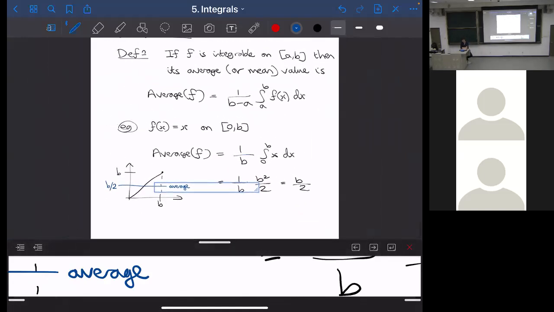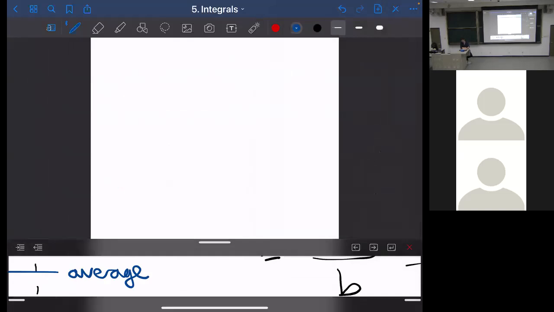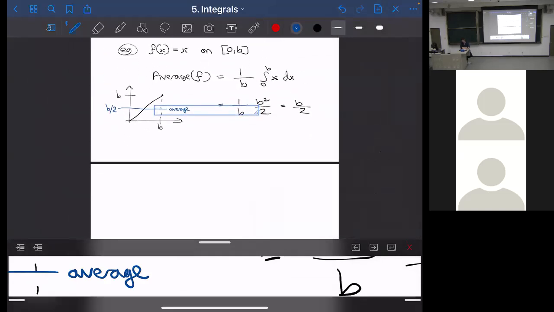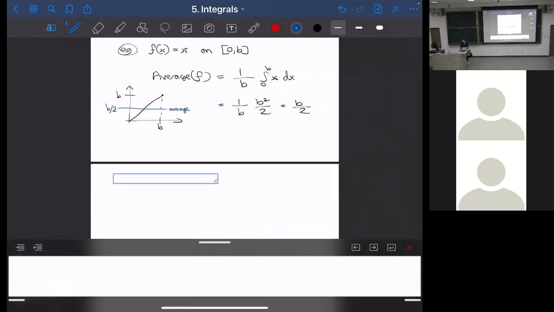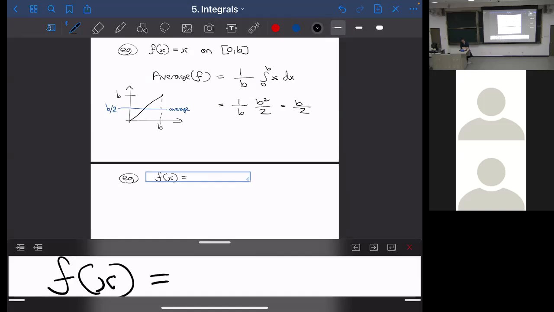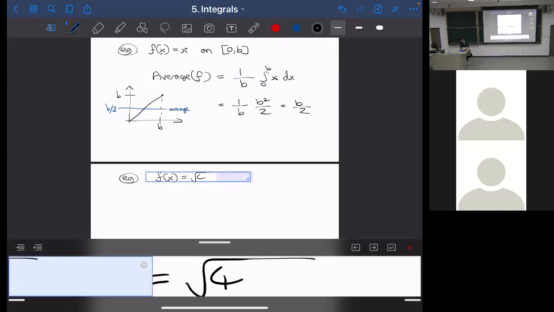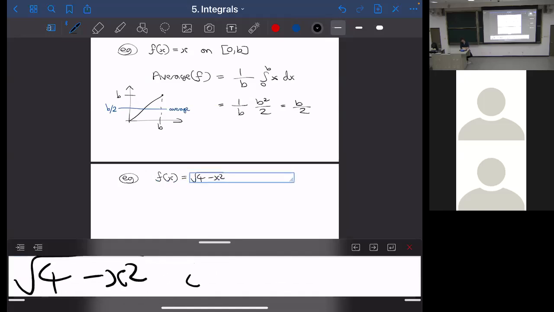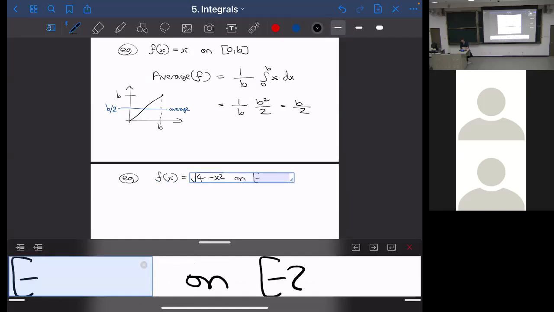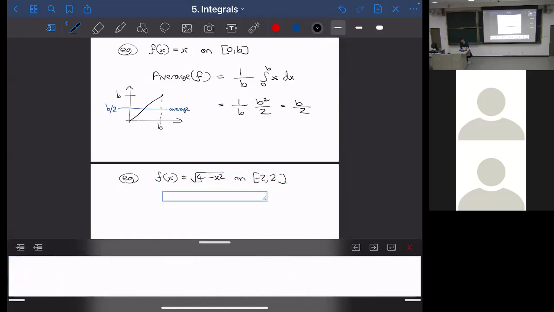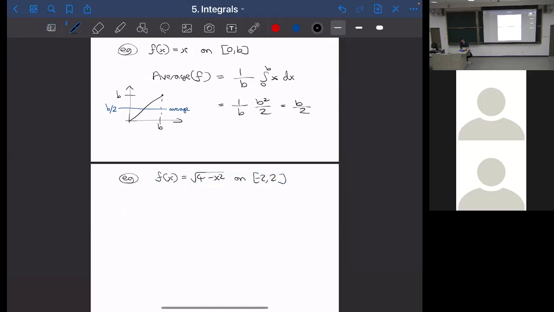Okay, but we can do more difficult examples. If f(x) is the square root of 4 minus x squared on minus 2 to 2, so this one we know well.